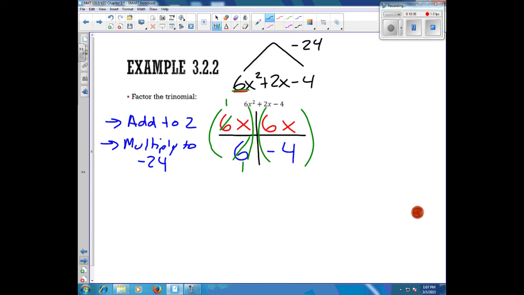And so what we can do is rewrite this as 3x minus 2. And what we're left with is x plus 1 and 3x minus 2.